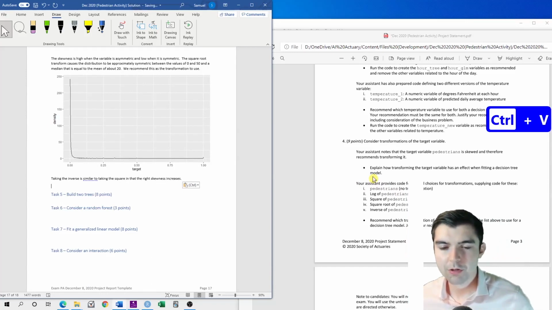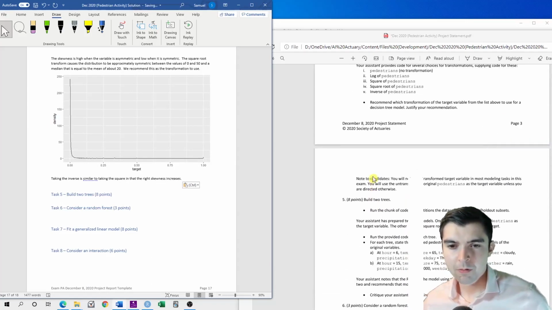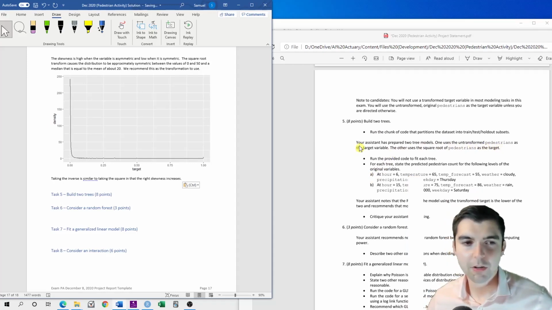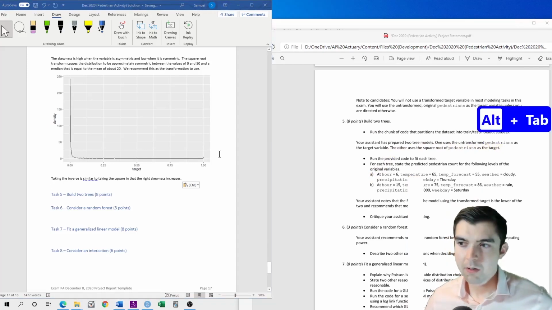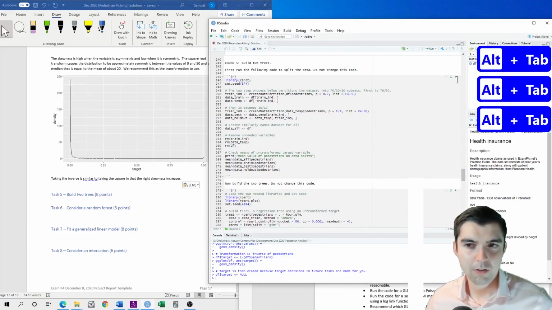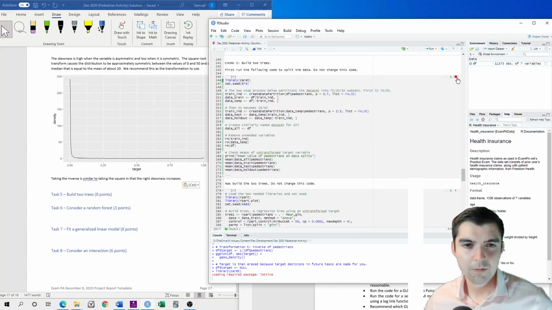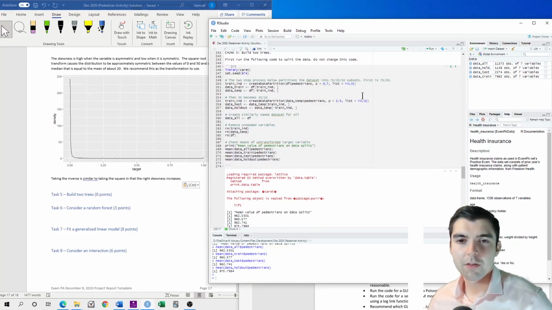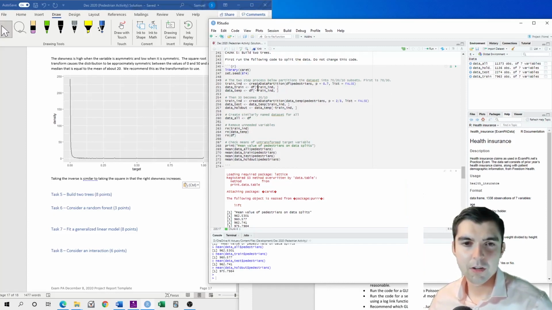Okay, build 2 trees. Run the code chunk that partitions the data into train, test, and holdout sets. Right here. The 2-step process below partitions the data set into 70, 30, 10 subsets. First is 70, 30. Okay. And then 30 becomes 20 and 10.